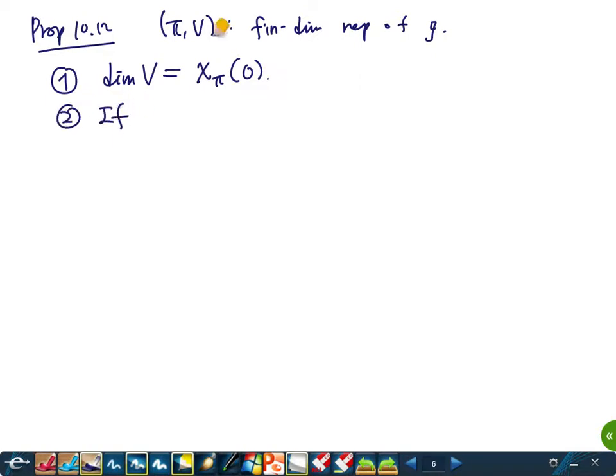because now we know that this representation is completely reducible, we can express this as the direct sum of irreducibles.